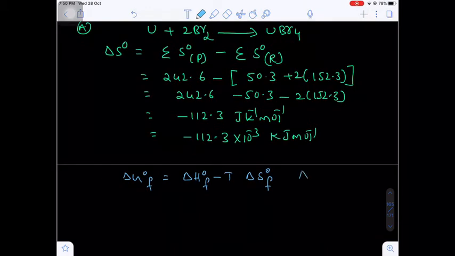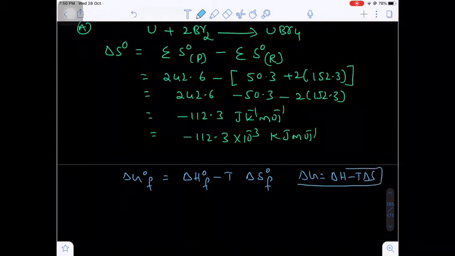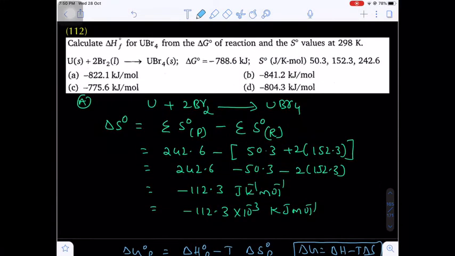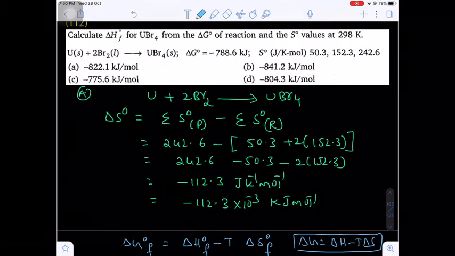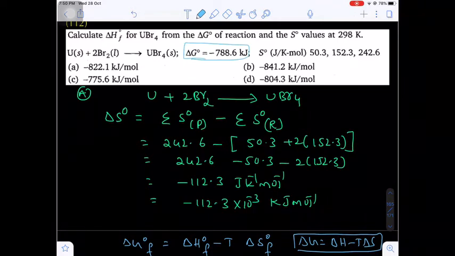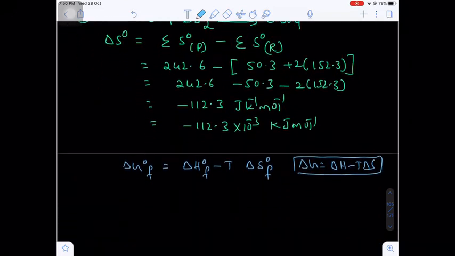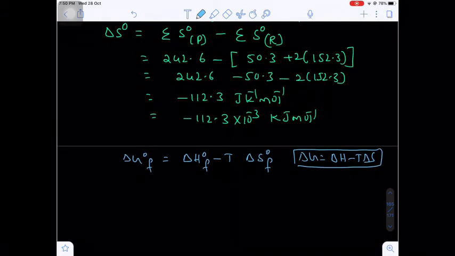That means we know the formula, delta G equals delta H minus T delta S. Delta G is equal to what? Delta H minus T delta S. So here the delta G naught F value is given in the question, and the delta S naught value we just calculated, so we can find the delta H naught F, the standard enthalpy of formation. Okay.